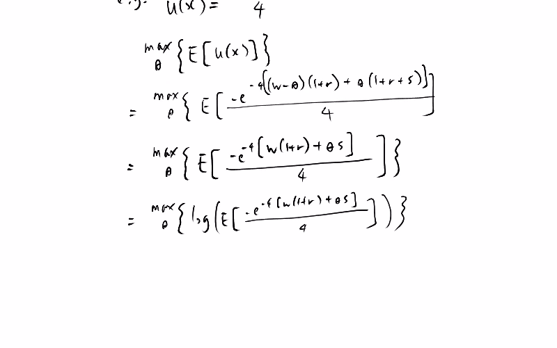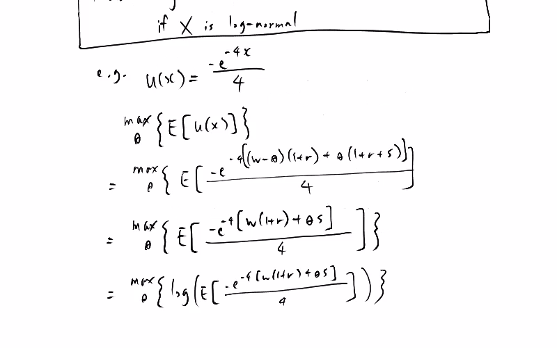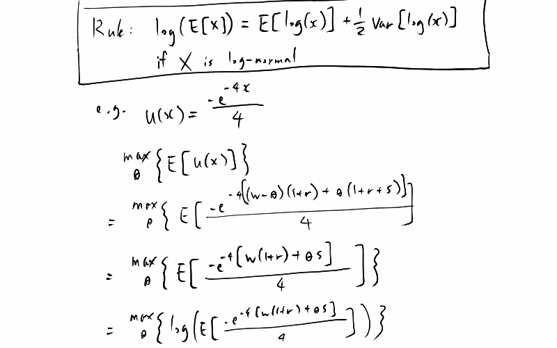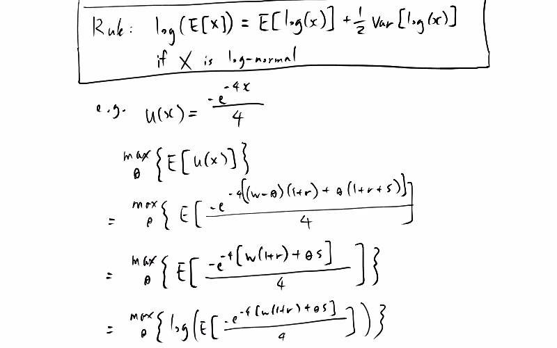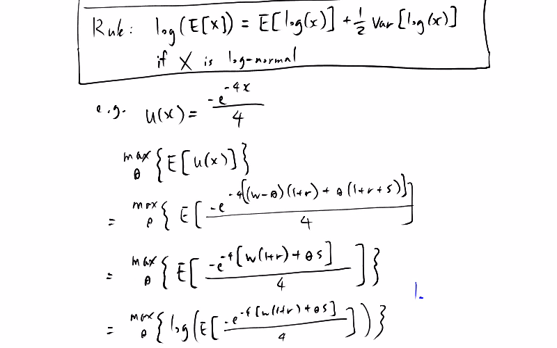Okay. All right. Now we can apply the rule we have. So the rule is on there, right? Remember, this log preserves utility. So we're good. We can use the rule to break apart the log of expectation into expectation of log and variance of log.